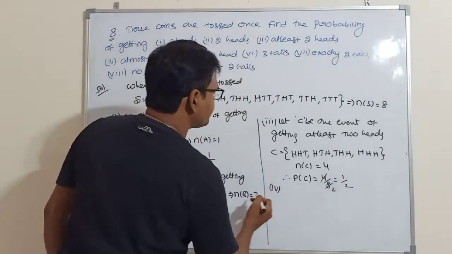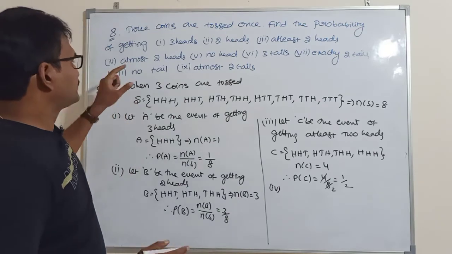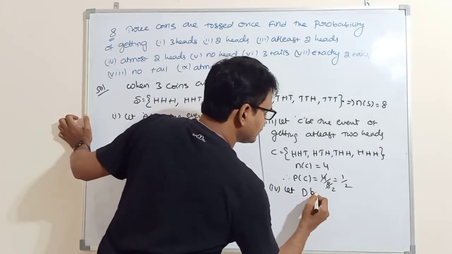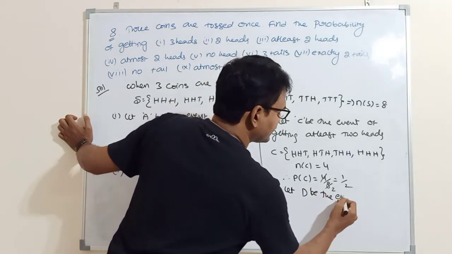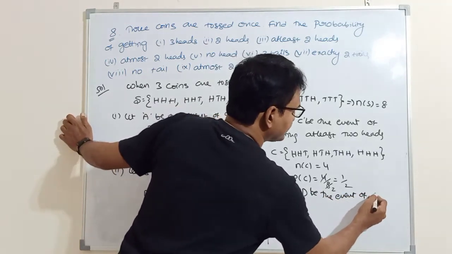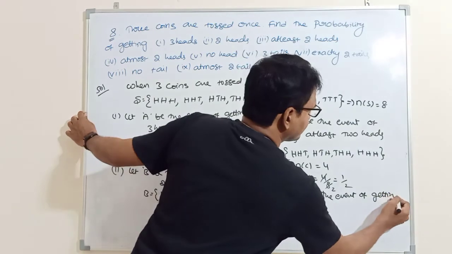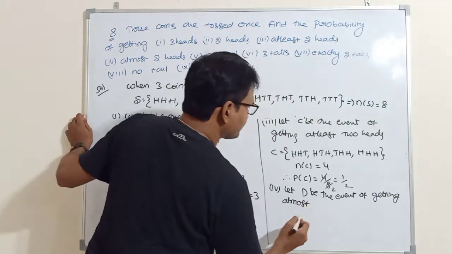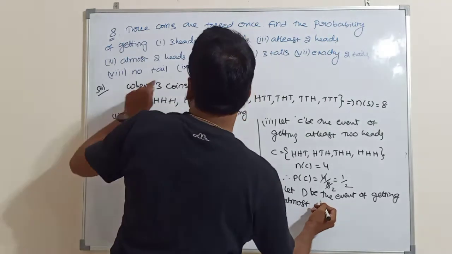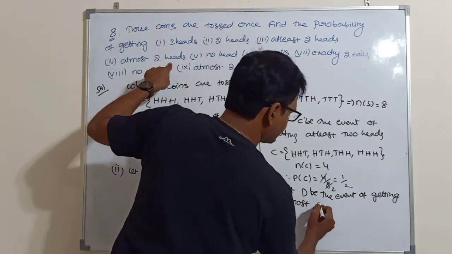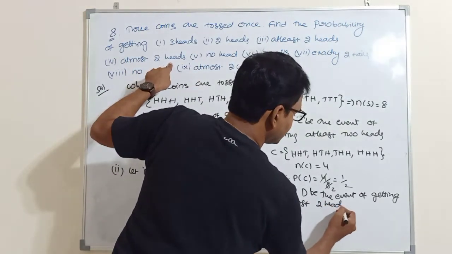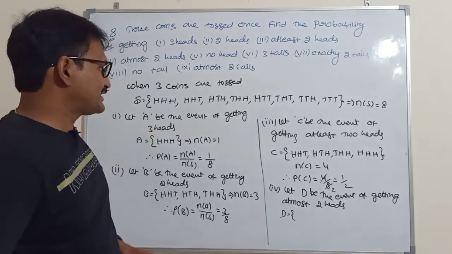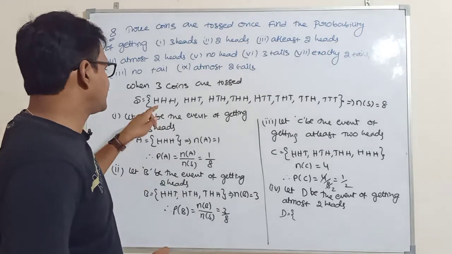Fourth question is at most 2 heads. Let D be the event of getting at most 2 heads. So what is event D? At most means maximum 2 heads.